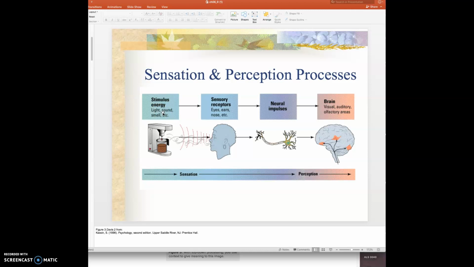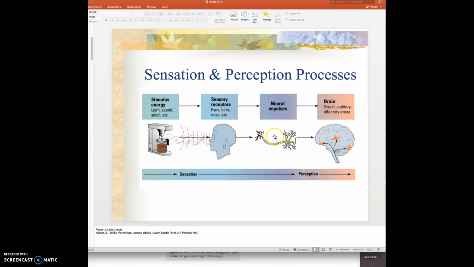In this example I think this is coffee brewing, you can smell that. You listen to the sound when the coffee machine is done. All your senses are at work. Your sensory receptors receive them. Your eyes can see the coffee. Your ears can hear the sound. Your nose can perceive the smell, etc.